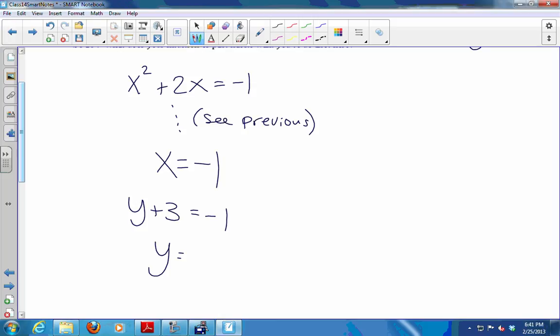Subtract 3 from both sides and we get y equals -4. Neat little shortcut, right? You could also get there by following your instinct of squaring, distributing, combining like terms. You'll just come up with an equation that leads to a solution of -4. This just saves us a little work.